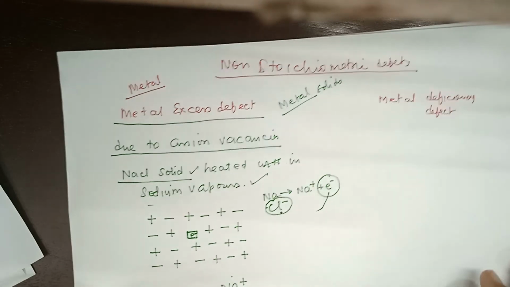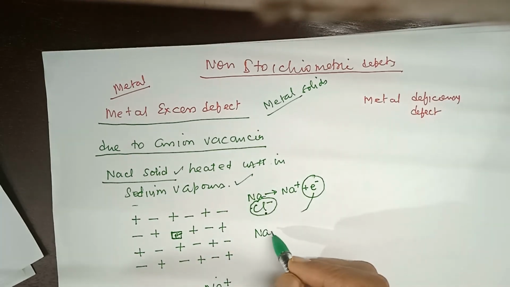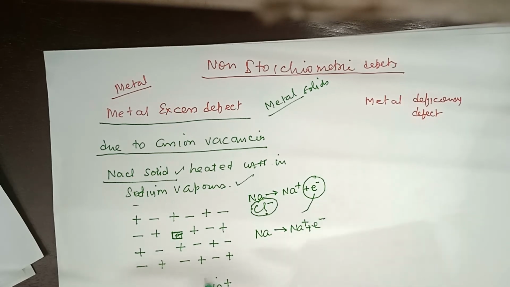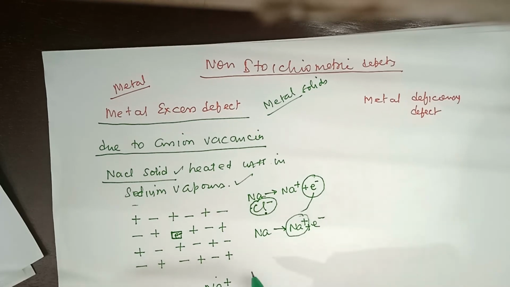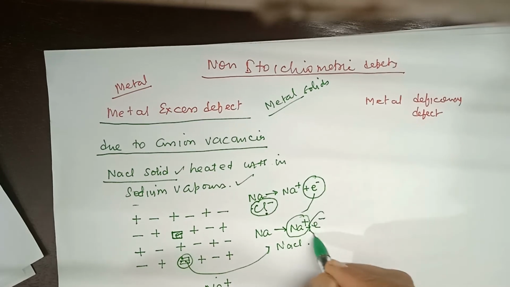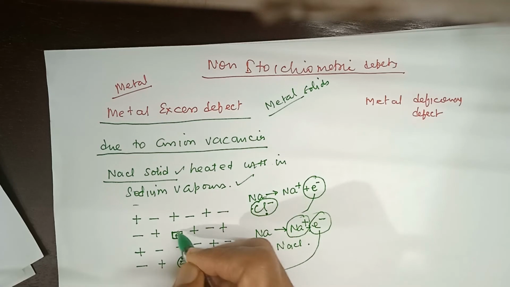And again, you see, at the surface, more of the Na atoms are there. They release one electron to form a sodium ion, and chlorine from this lattice comes at the surface forming NaCl, and this electron released occupies this place like this.